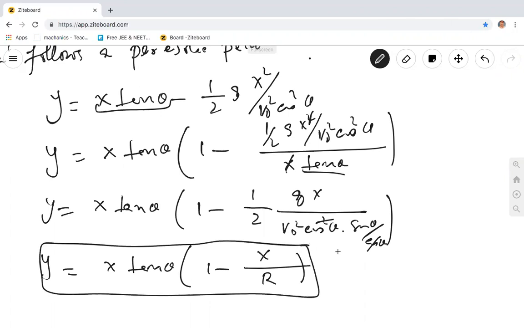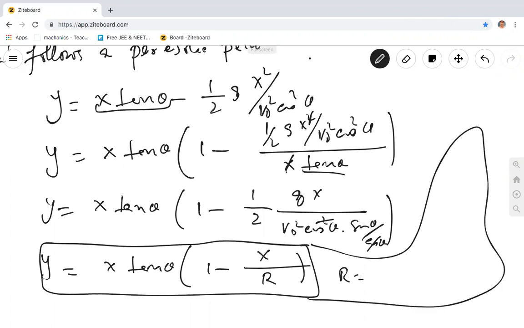I will explain. Have a look. R equal to v0 square sin 2 theta by g. Here g is in the numerator, and sin 2 theta is twice sin theta cos theta.